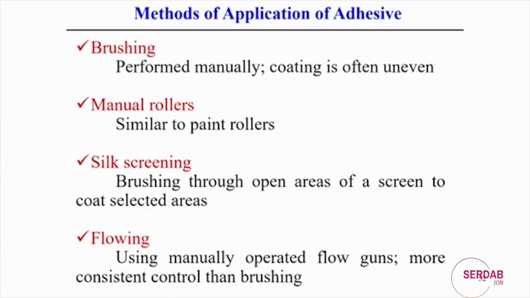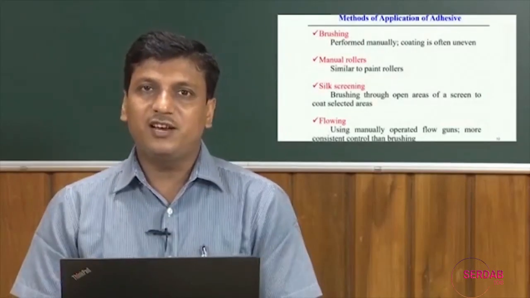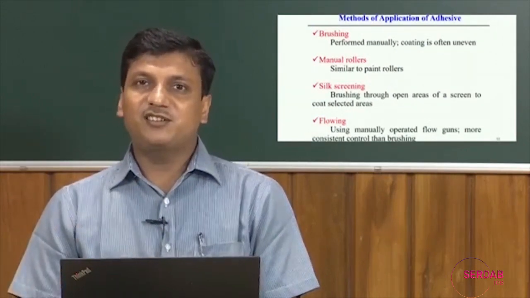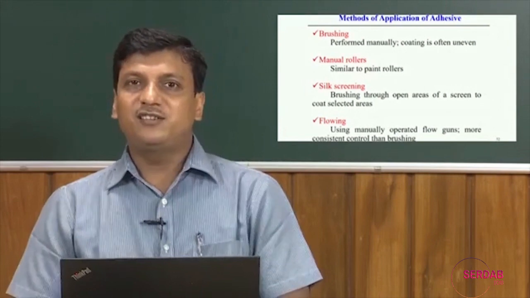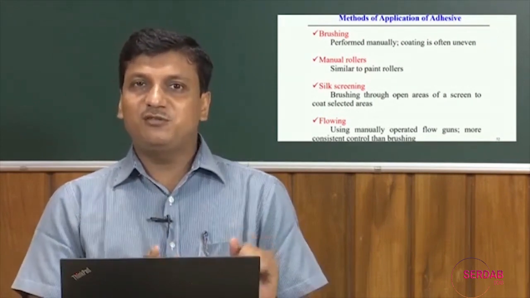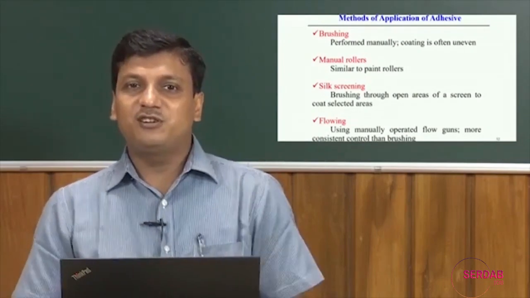After application, there may or may not be a need for pressure, the aid of temperature, or sometimes we can use these adhesives along with some catalytic element, so that it can accelerate the chemical reaction during the process so that curing can be done. That means the change of phase from liquid to solid can be done quickly also.